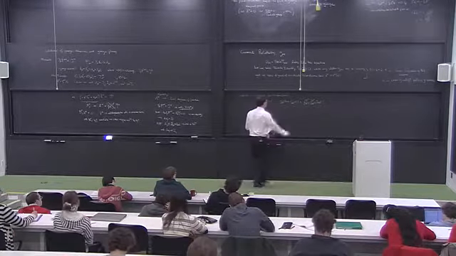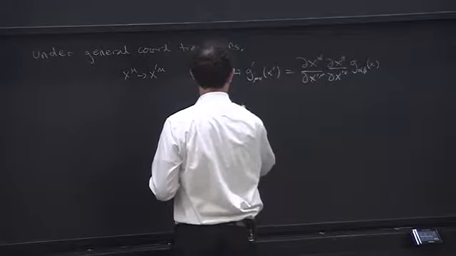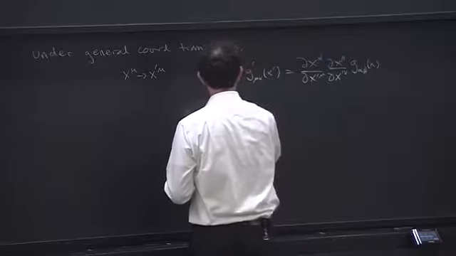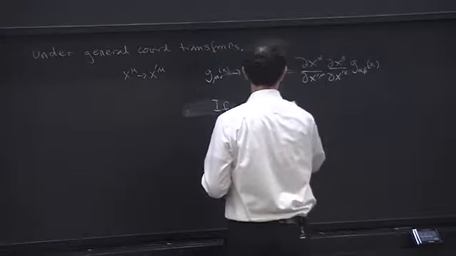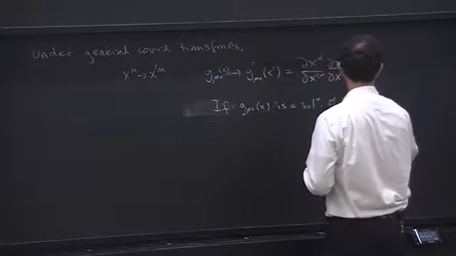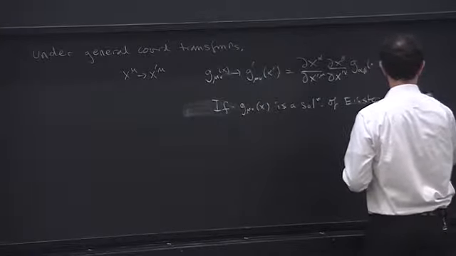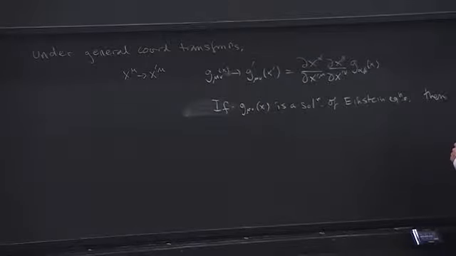And so what we're really interested in, let me say it a different way. If g mu nu of x is a solution of the Einstein equations, then g prime mu nu of x is also.